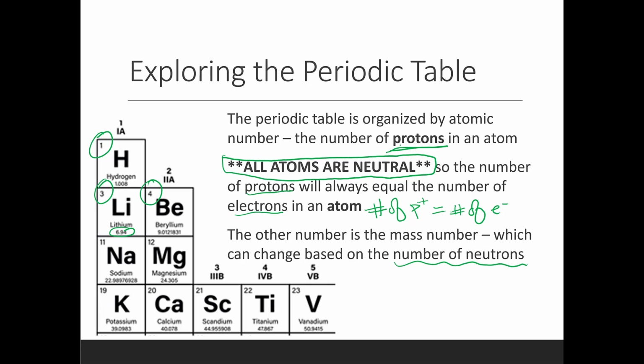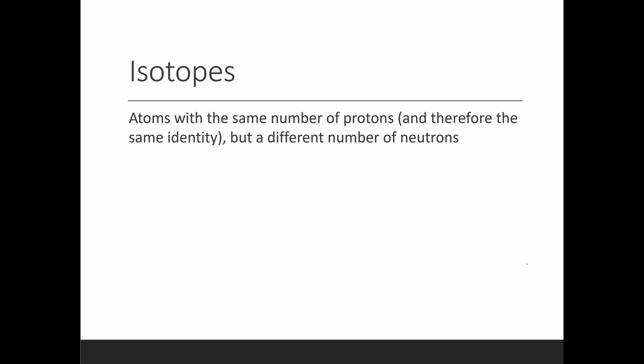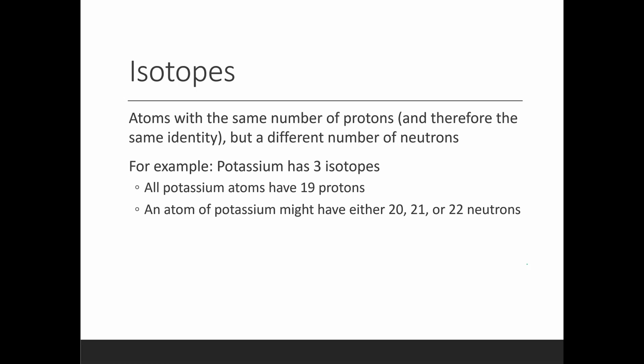So let's dive a little bit deeper into that. Let's talk isotopes. An isotope is an atom with the same number of protons, so same identity, right? Number of protons, that's the identity of the atom. But isotopes have a different number of neutrons. So, for example, potassium has 3 isotopes.